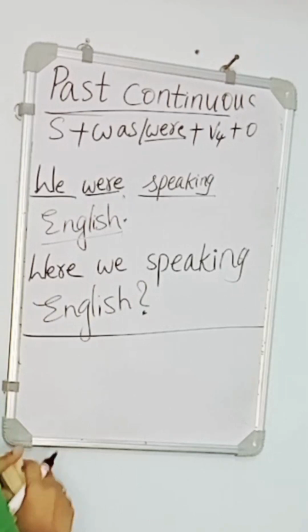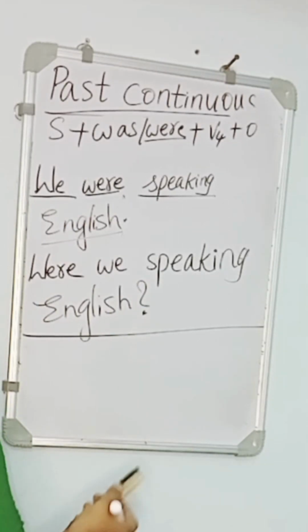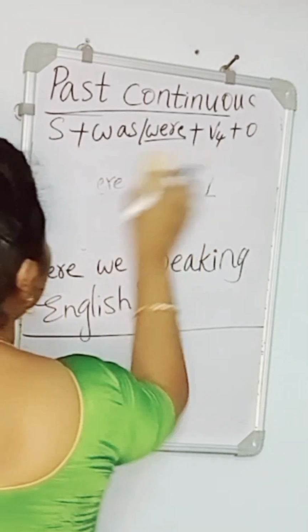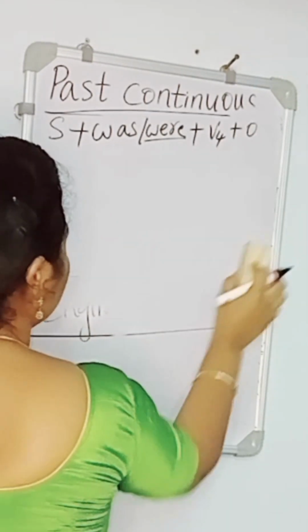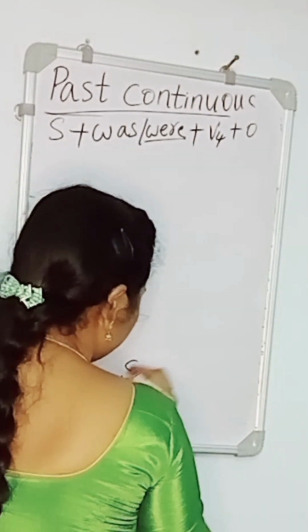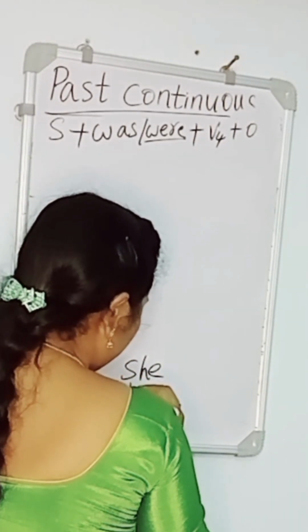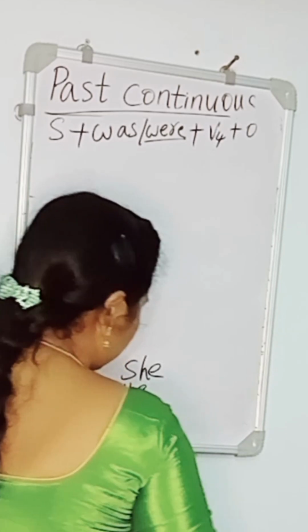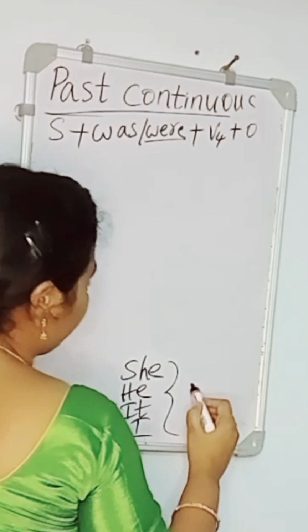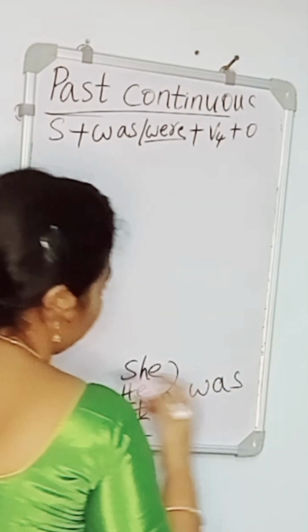So now I will take another example, by using was. Where we have to use was? For she, he, it, okay, and I. Okay, for this we have to use was.